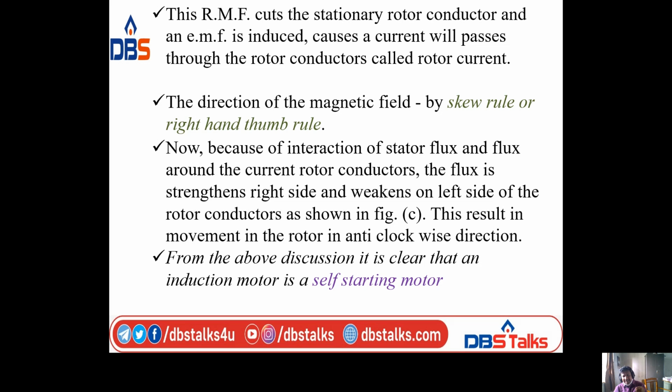Now this rotating magnetic field flows through the air gap into the rotor and cuts the rotor conductors. Then an EMF is induced in the rotor conductors, and because of this induced EMF, current passes through the rotor conductors, called rotor current.